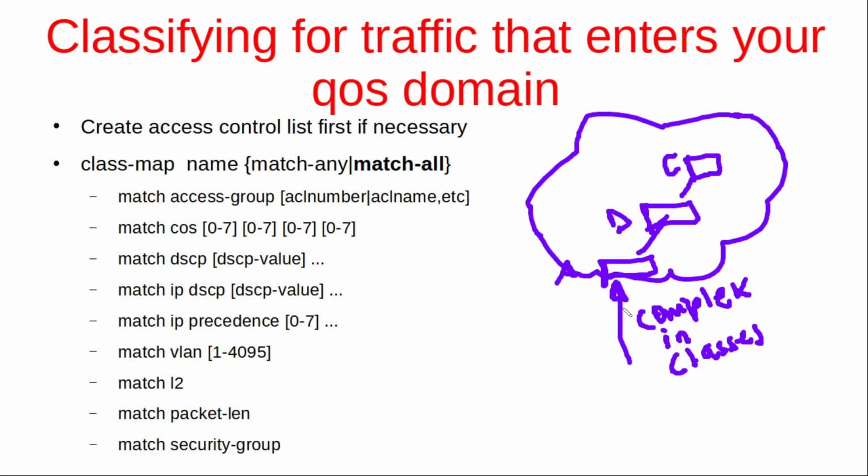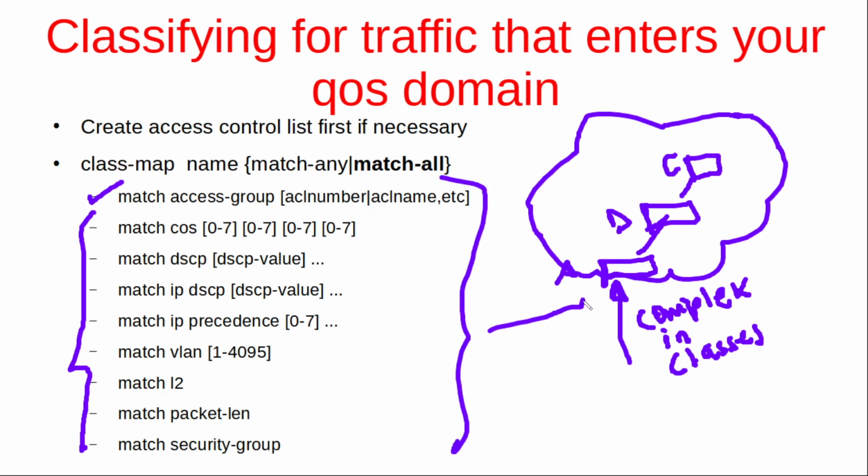So you might want to use all the tools available in your inbound classes. You might want to use ACLs, you might want to use NBAR, because this traffic is just entering your domain and you want to make sure that it gets classified correctly with as much detail as possible.